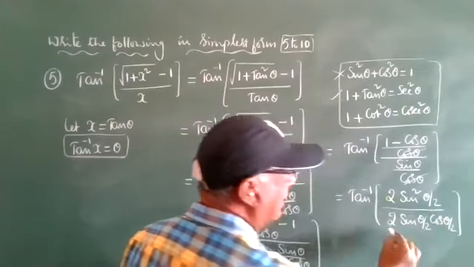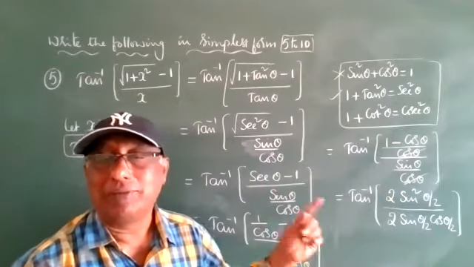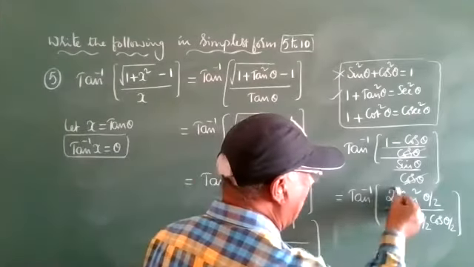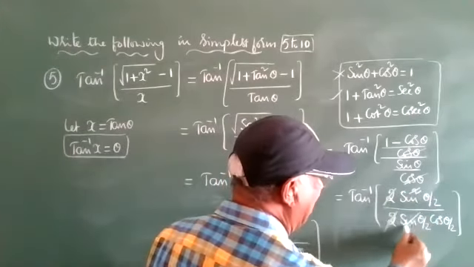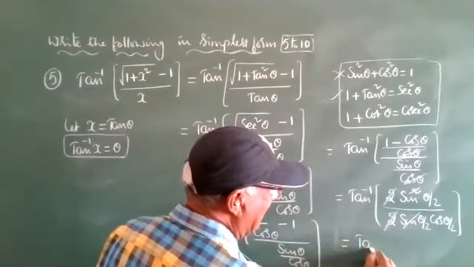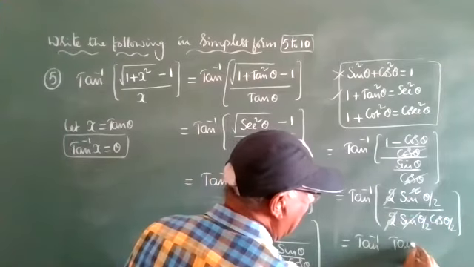That is the sin 2 theta formula, but I write the submultiple half angle formulas. The 2 cancels, one sin cancels, and sin by cos remains. Tan inverse of sin by cos is tan theta by 2.